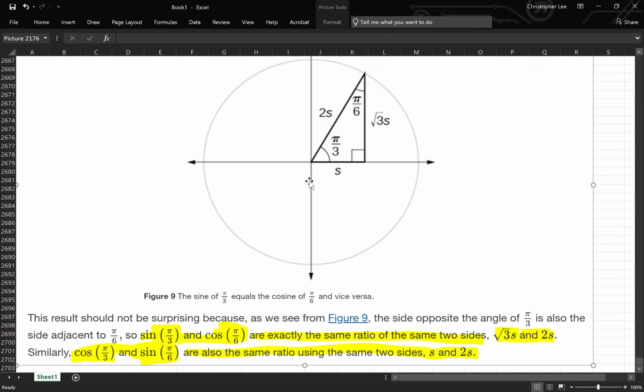So sine of pi over 3 and cosine of pi over 6 are exactly the same ratio of the same two sides. So square root 3 side and 2 side. Similarly, cosine of pi over 3 and sine of pi over 6 are also the same ratio using the same two sides. So side and this 2 side.